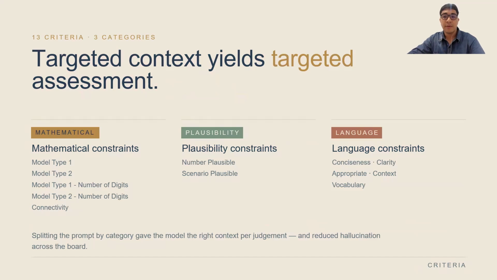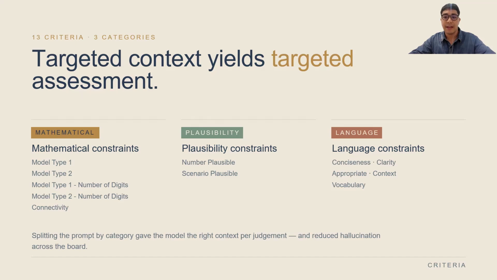So these 13 criteria fell into 3 main categories. Again, first the mathematical constraints, so things like whether the model type, number of digits, and connectivity between sub-questions are valid. Then the plausibility constraints: whether the numbers and scenarios given in the method problem are realistic.